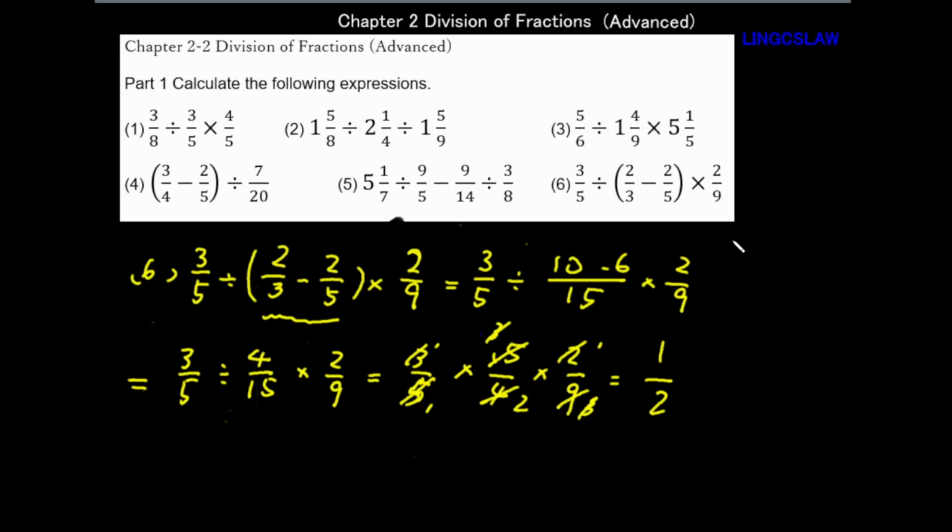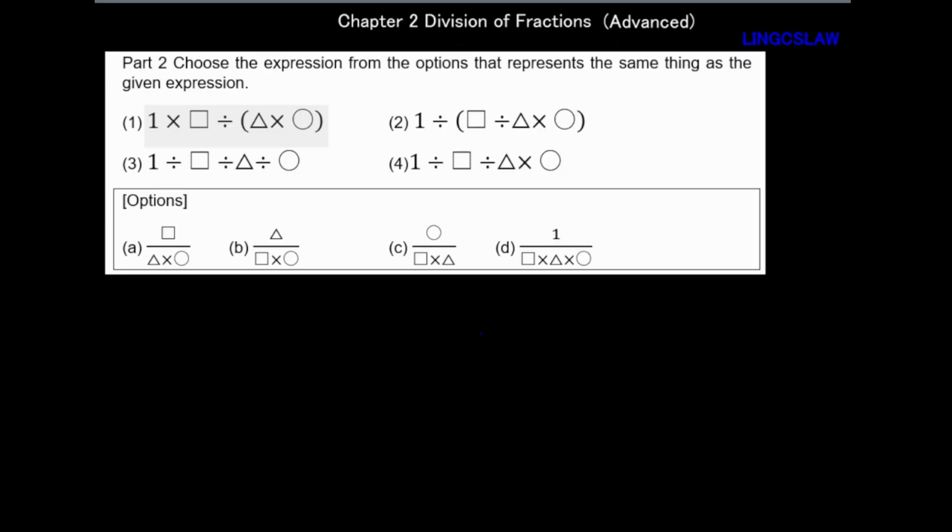Now let's go on to part 2. Choose the expression from the options that represent the same thing as the given expression. So number 1, 1 times a square divided by parenthesis triangle times a square.